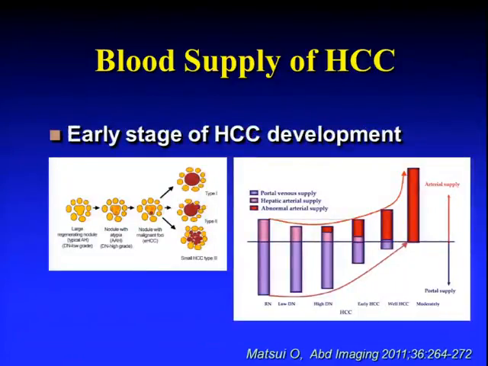How about in early HCC? In the developmental stage of HCC, we all know that there is a considerable proportion of portal venous supply, such as in early HCC and even in well-differentiated HCC.